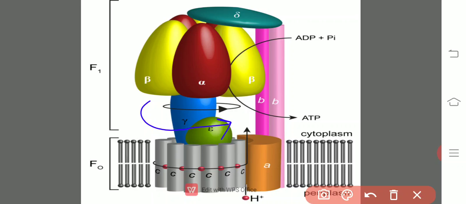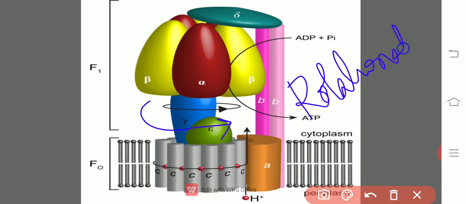So this is known as rotational catalysis. That is, due to the perpendicular rotation of the gamma subunit of the F1 and the column made up of C subunits of the F0 perpendicular to the membrane, the catalytic sites of the F1 get involved in the ATP synthesis one by one alternatively.